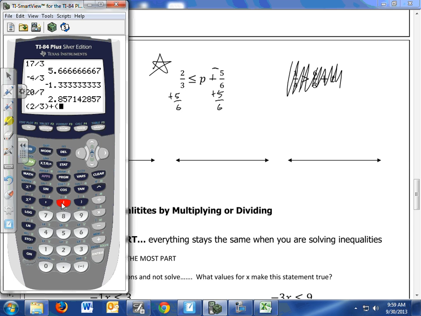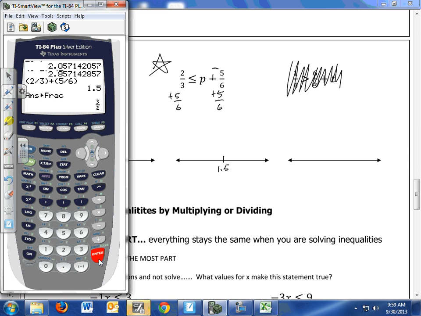Add 5 divided by 6. Your calculator gives you the correct answer, 1.5, that's the same as 3/2. If I change that to a fraction, I go math, enter, enter. That's 3/2. But since it's a finite decimal, that's fine for your answer.